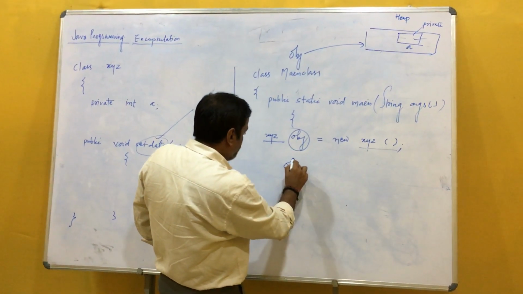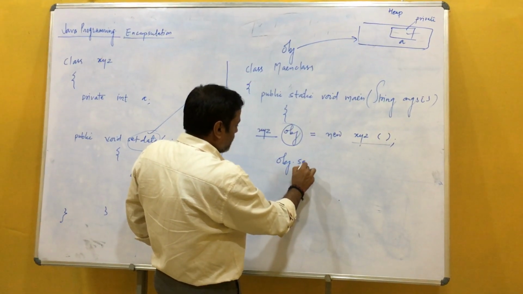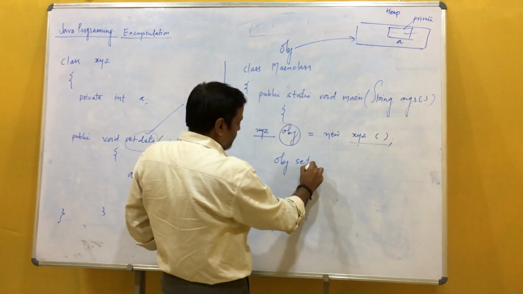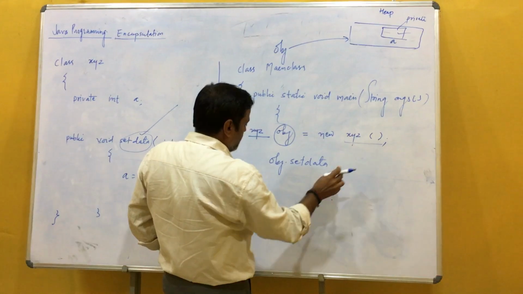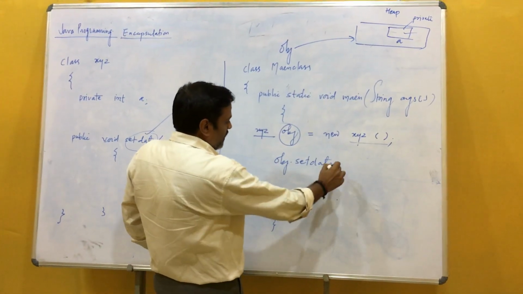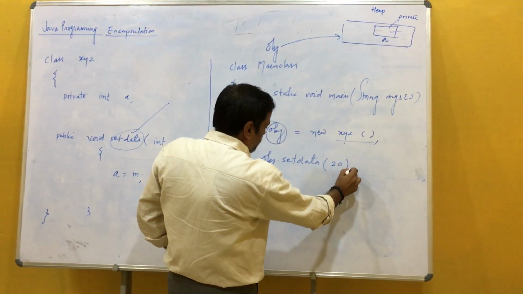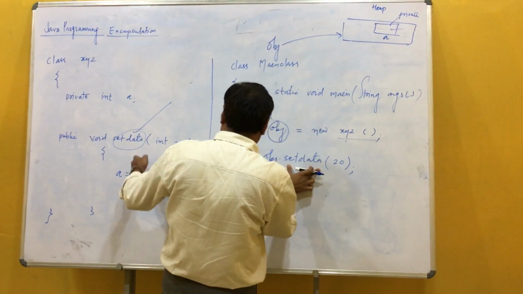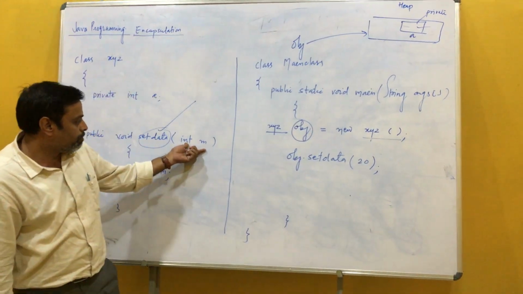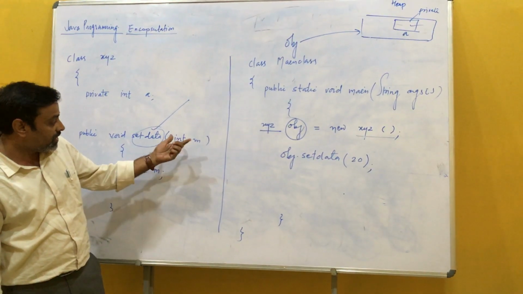See, obj.setData is absolutely legitimate because setData is in the public segment, and I am passing a value, let's say 20, because the signature of setData expects an integer value.